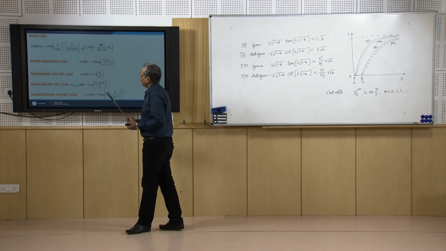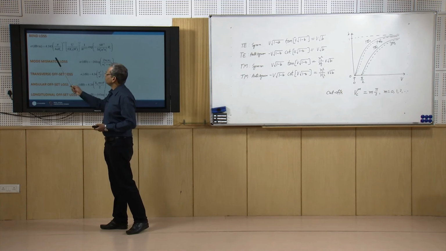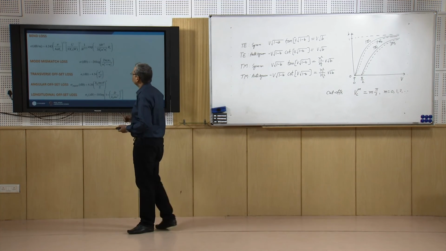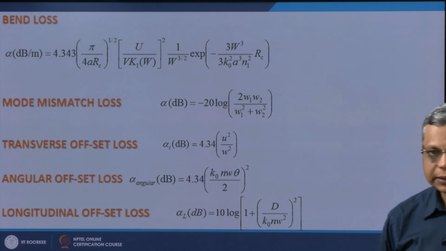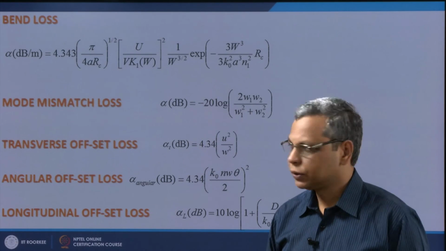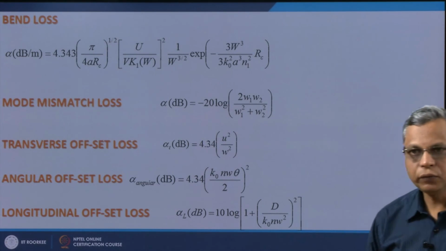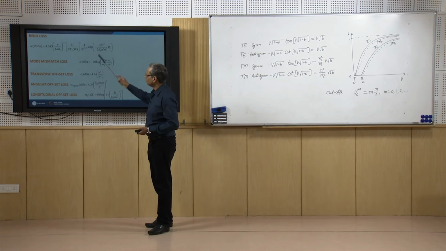Then another important parameter for a single mode fiber is its bend loss. So bend loss is given by this. Then there are instances where we need to join two fibers together, and when we join two fibers, there would be losses.